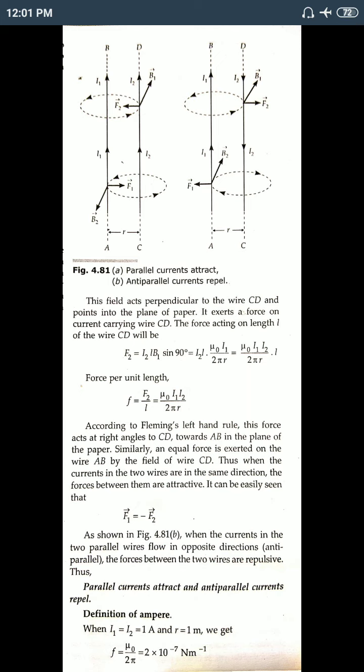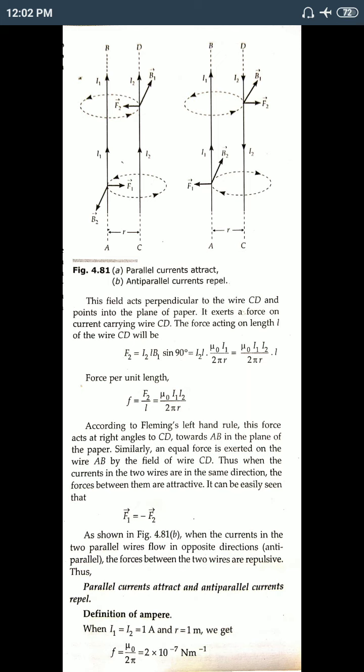Now from this derivation, we can also define the ampere. How? Take I1 and I2 equal to 1 ampere, and the distance between them is 1 meter, all one. Whenever we define anything in physics, we consider all the quantities as 1 in their respective units.